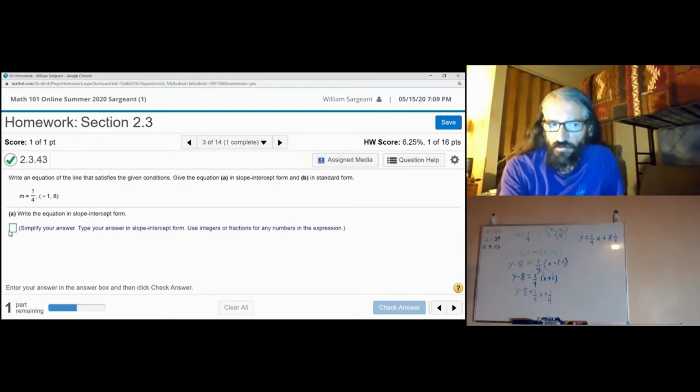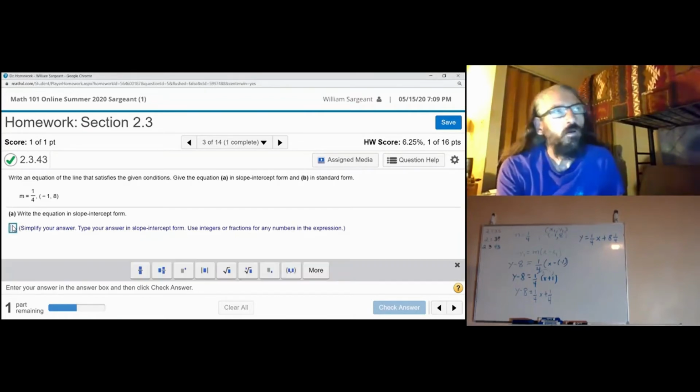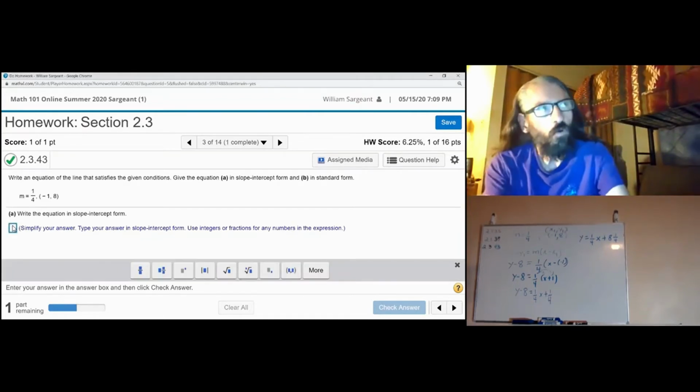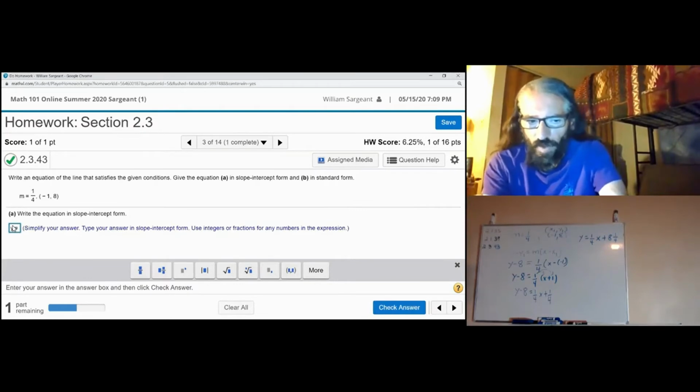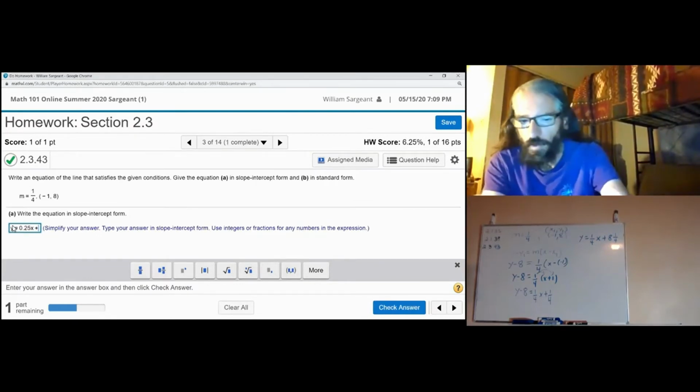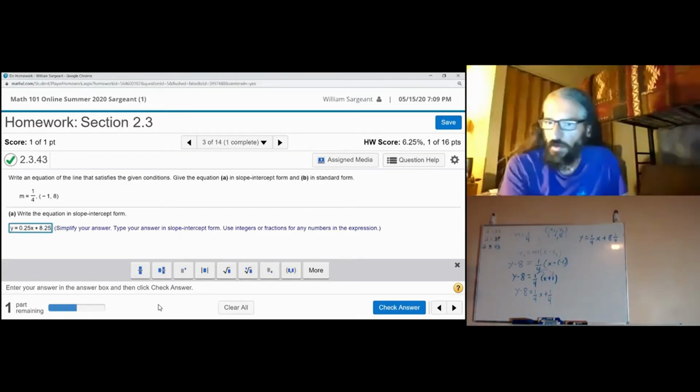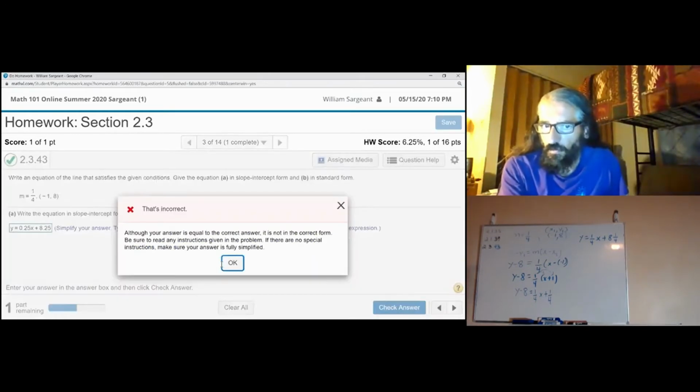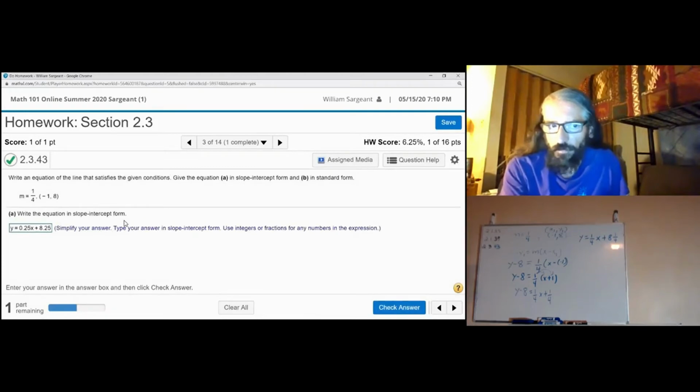It's exactly the same thing, although writing the slope as 0.25 instead of 1/4 actually kind of defeats the purpose of recognizing what slope is. So it says my answer is equal to the correct answer. It's not in the correct form. Look in the instructions. That's some helpful information.